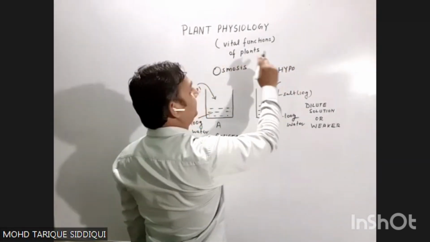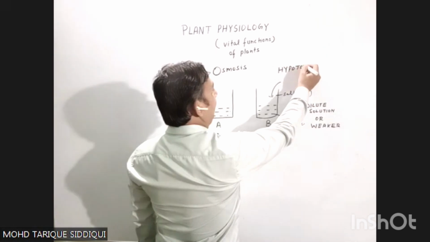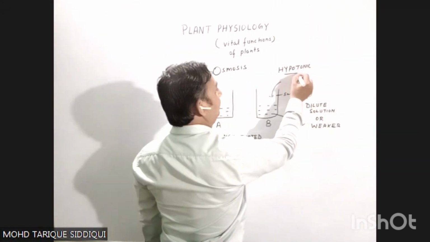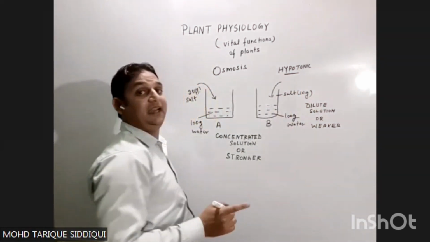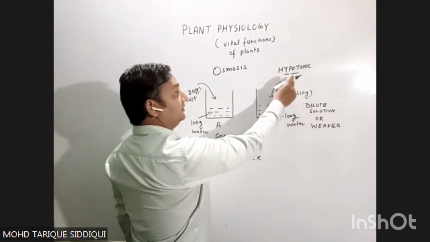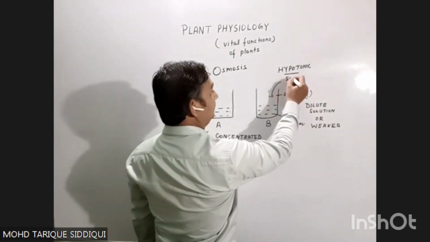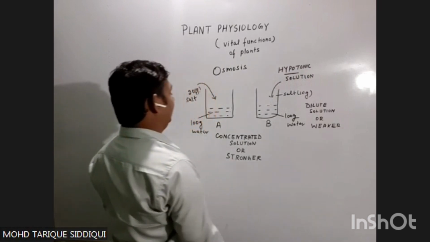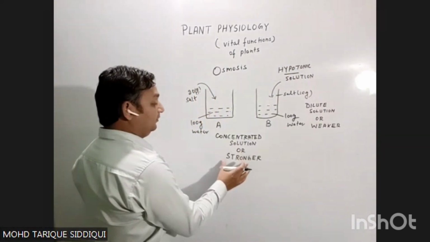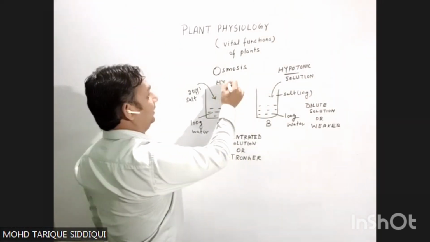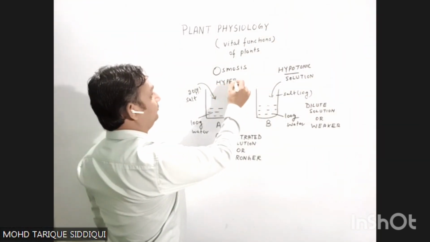In the whole chapter, after clearing this definition, we always talk about hypotonic and hypertonic solution. So dilute solution is hypotonic solution, and concentrated solution or stronger solution is hypertonic solution.